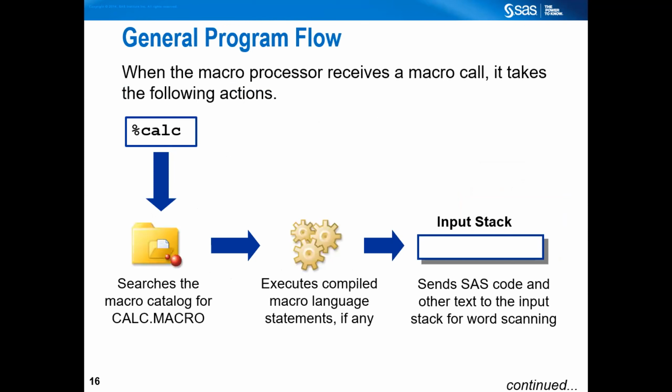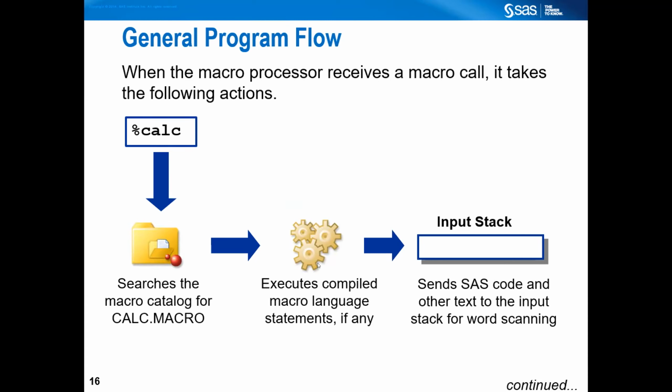So understand the program flow now. When you call this calc, it is actually saved as a macro catalog file. When you are calling or creating this, how does it work in the macro processor? When the macro processor receives a macro call, it takes the following action. It looks for this macro in that particular library, and the macro is unveiled.